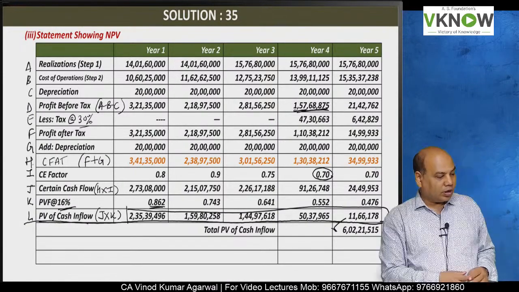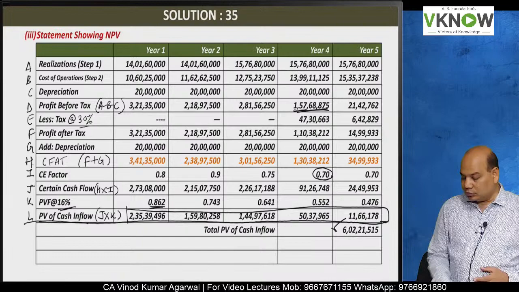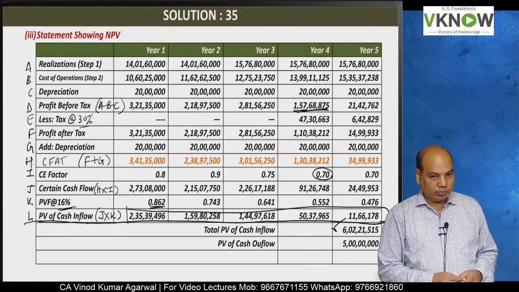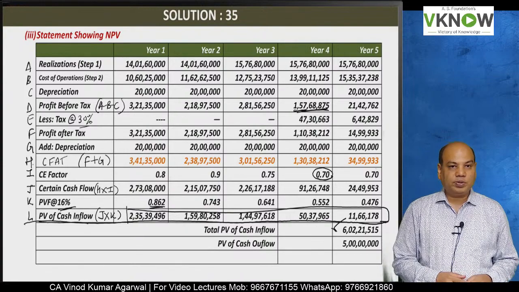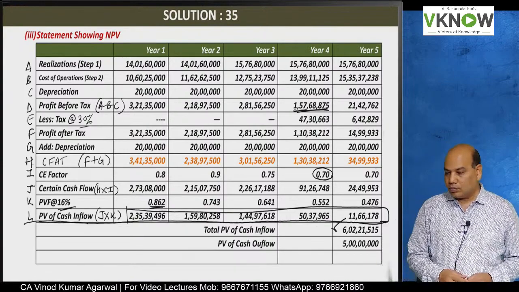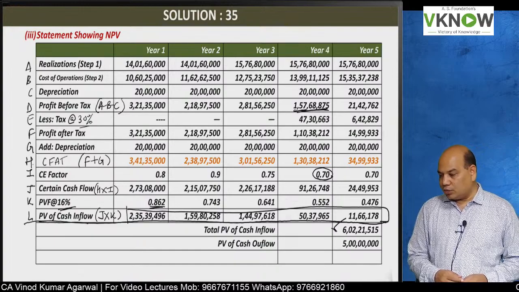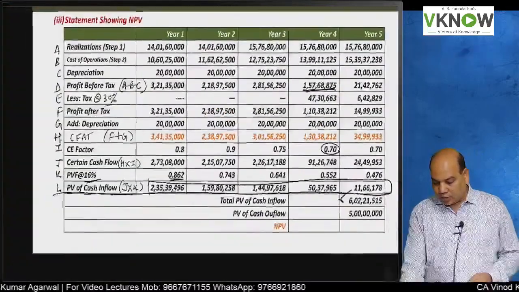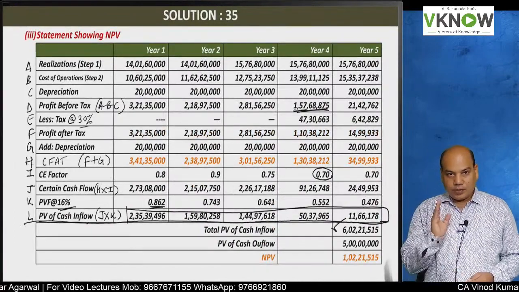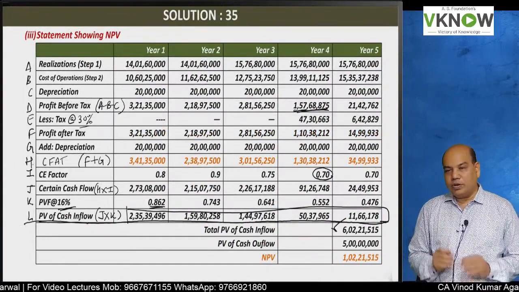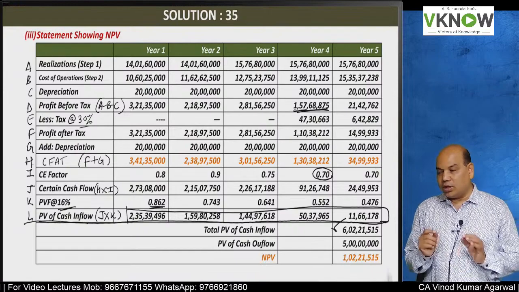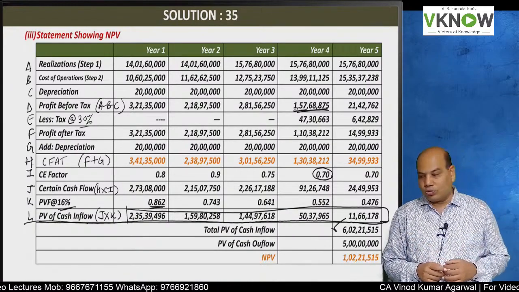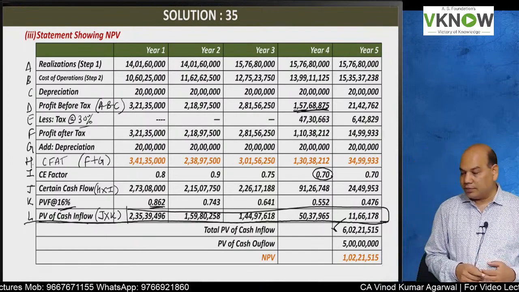This is right. Very good. Less PV of cash outflow 5 crore. Therefore NPV will be 1 crore 2,21,515.